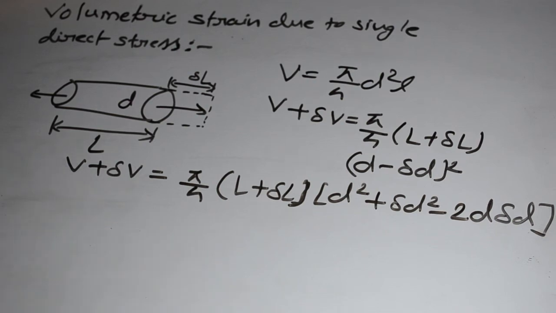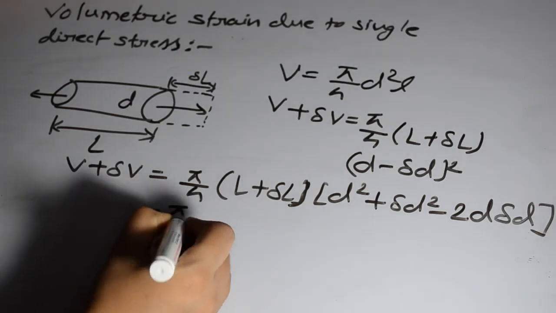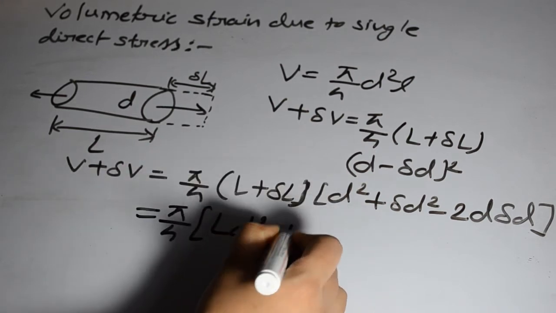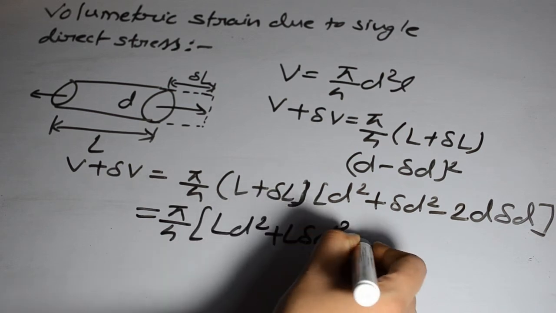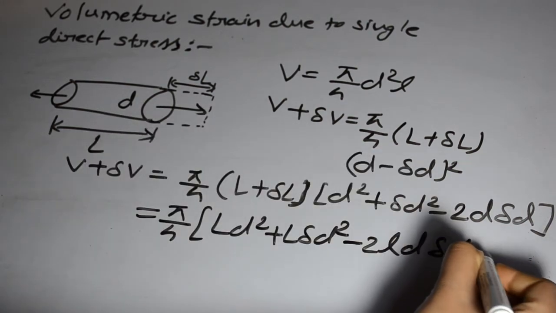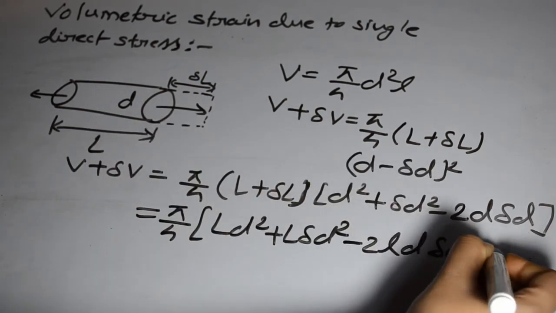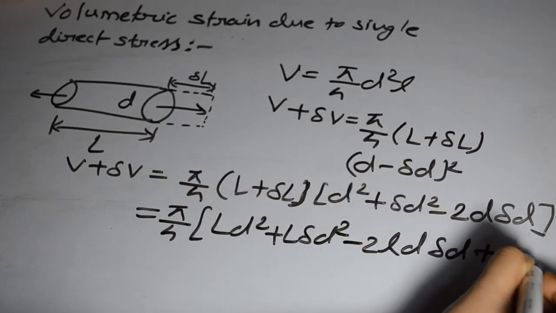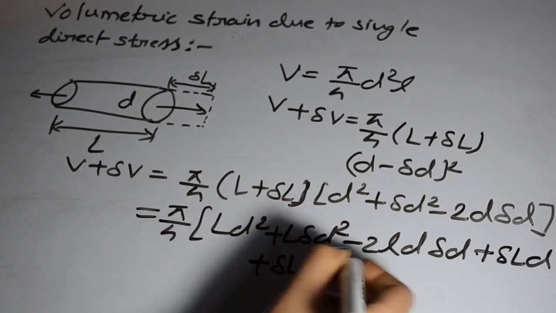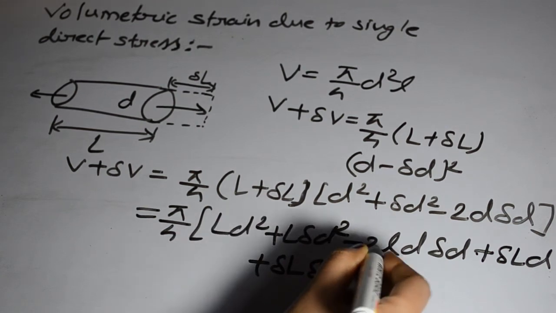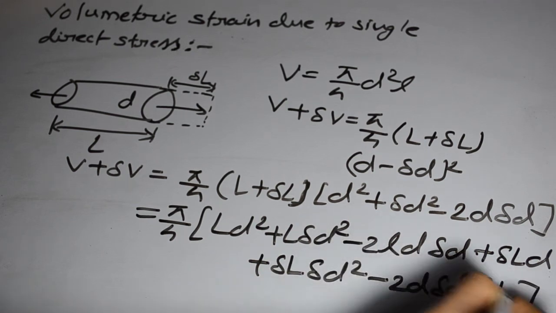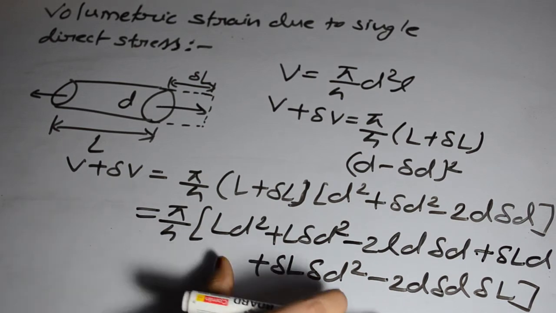If we further simplify this equation, we will have pi by 4 L d square plus L delta d square minus 2 L d delta d, again plus delta L d square plus delta L delta d square minus 2 d delta d delta L. This is the equation we get after simplification.